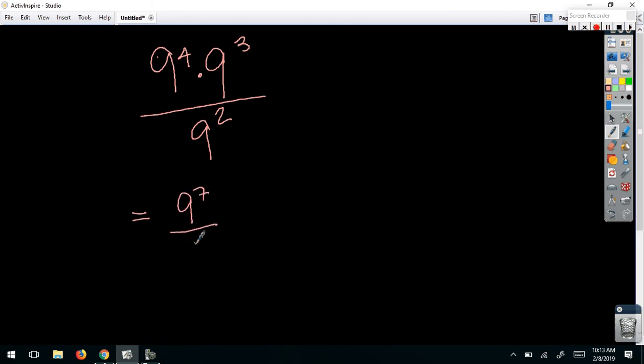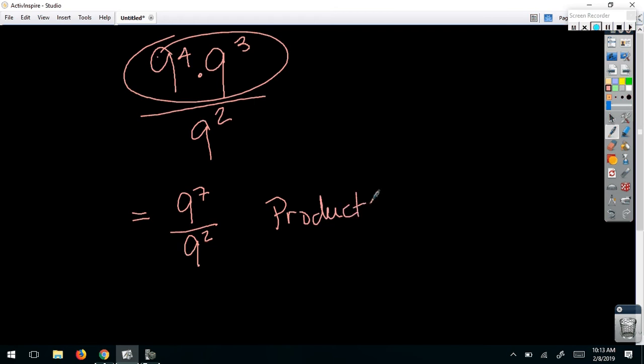Product of powers, that's right. So we combine the top first here. That's called the product. The product of powers. When you're multiplying with the same base, you add the exponents. That's the very first property on your foldable.